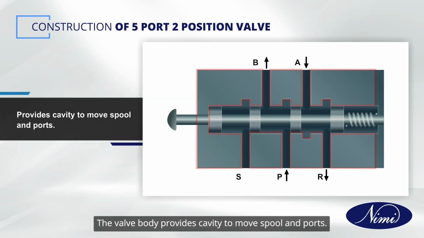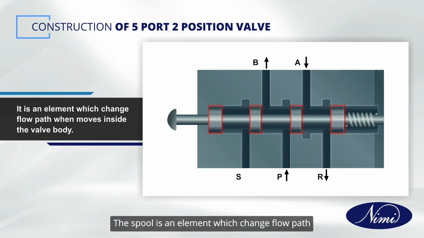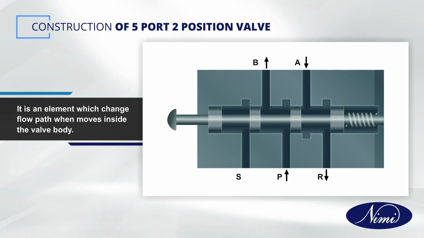The valve body provides cavity to move the spool and ports. The spool is an element which changes flow path when it moves inside the valve body.